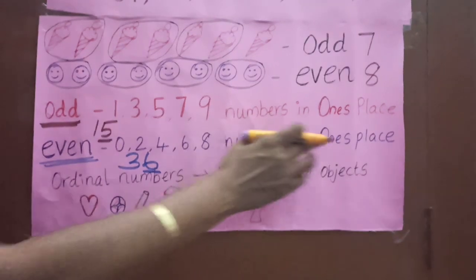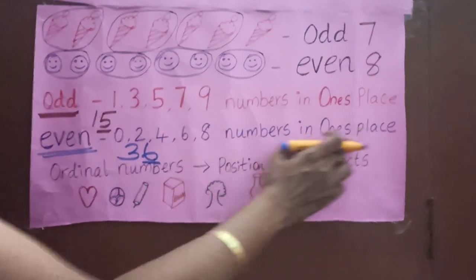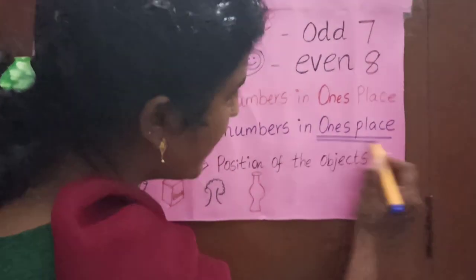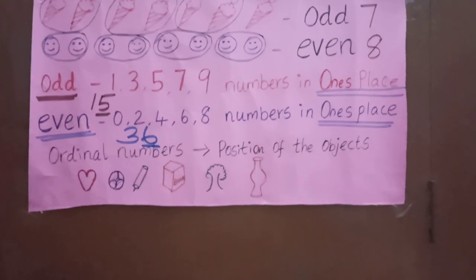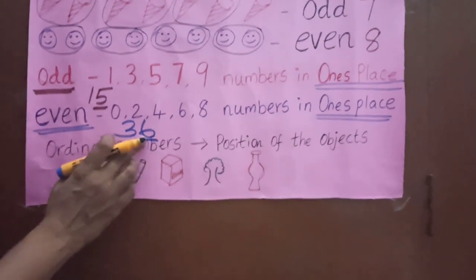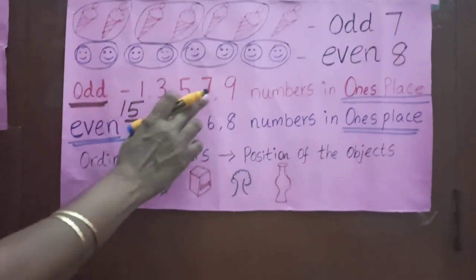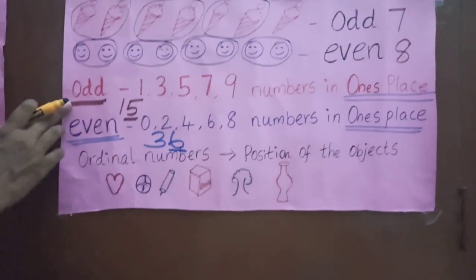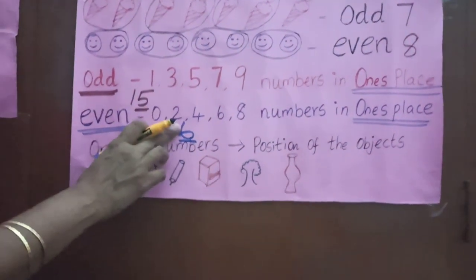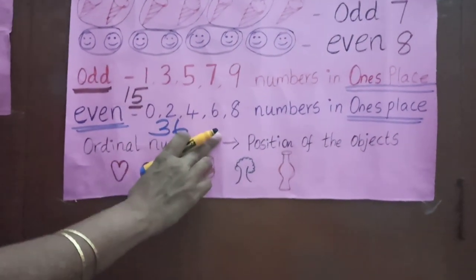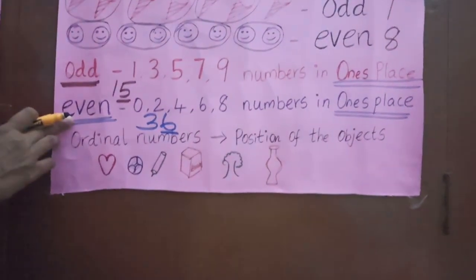We have to look very carefully, children. We have to see only the ones place of the number. If a number is given, first look at the ones place. If it is 1, 3, 5, 7, 9, then the number is called an odd number. If it is 0, 2, 4, 6, 8 in its ones place, then the number is called an even number.